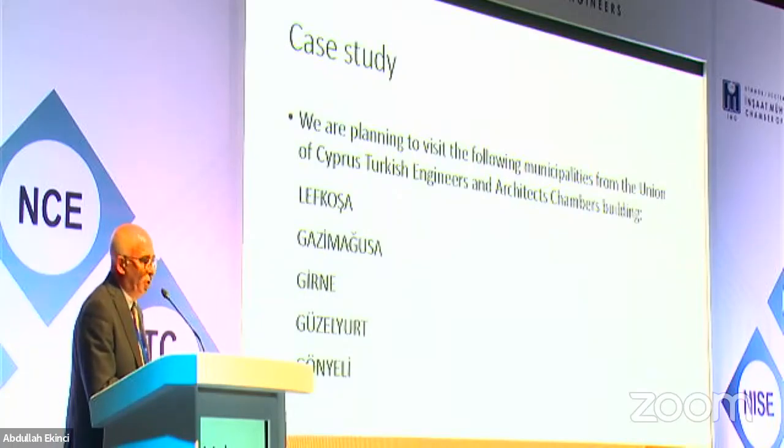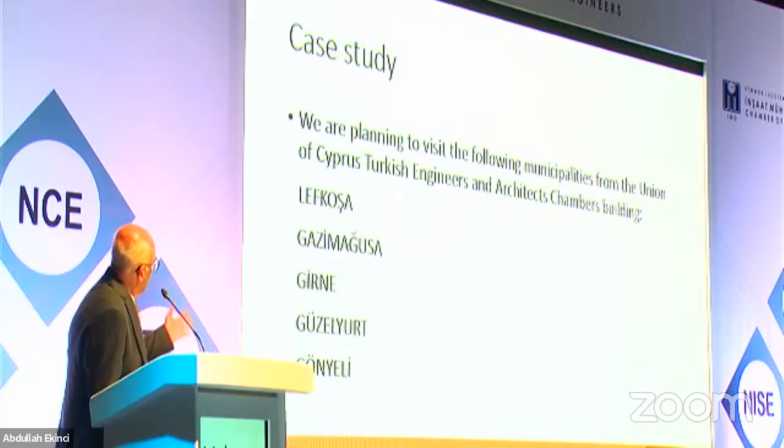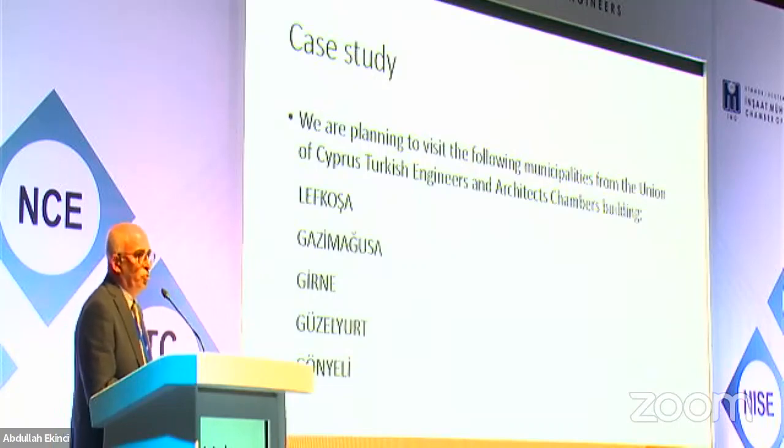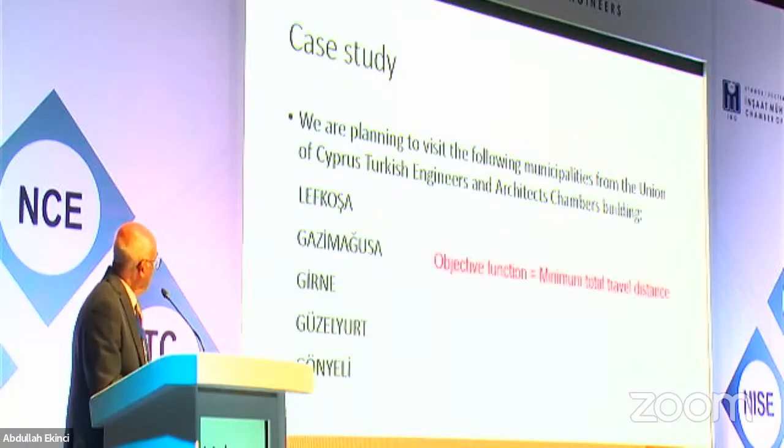It takes a little bit more time. So we have to visit Lefkoşa, Gaziantep, and come back to the union building in Çağlayan neighborhood. So here again, our objective function is to minimize the total travel time.